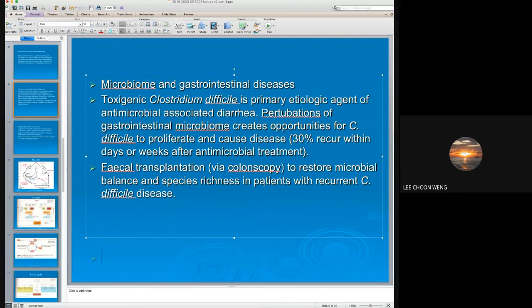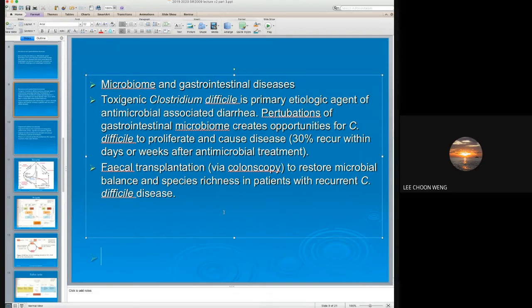Usually when patients have recurrent Clostridium difficile disease and all the treatment options have been used up, fecal transplantation can be recommended. The feces is actually from a close relative due to diet concerns, so similarity in diet means that you can get a similar microbiome.